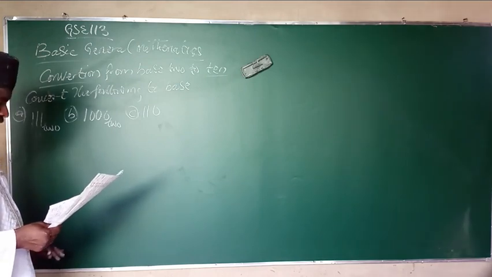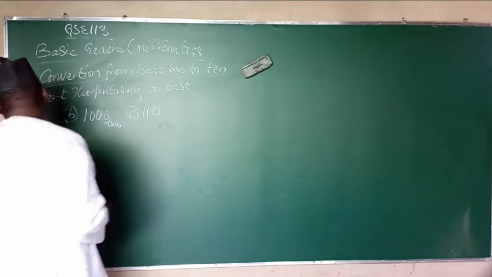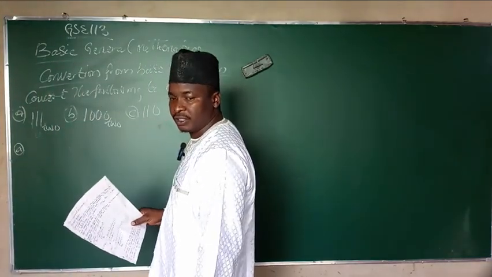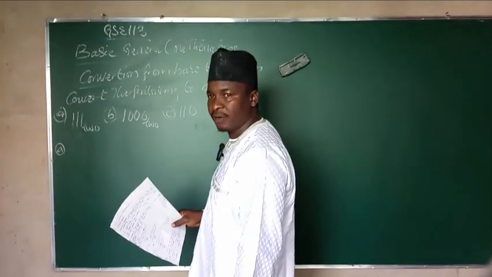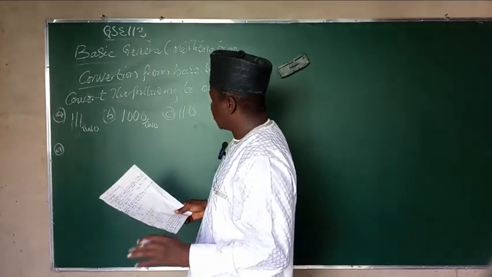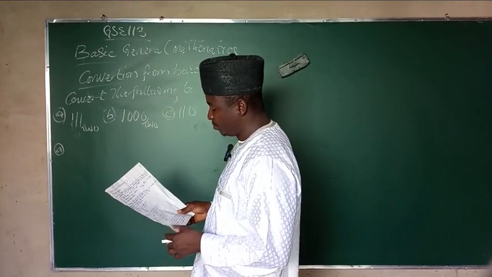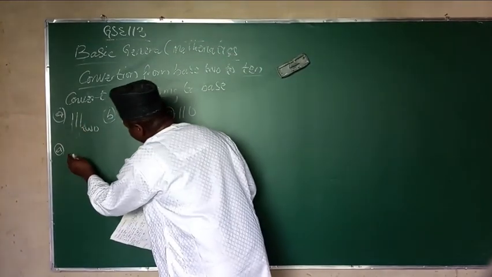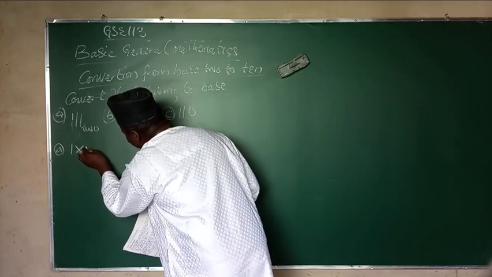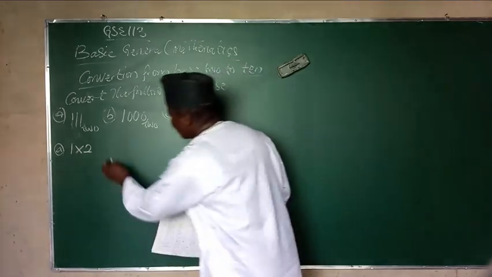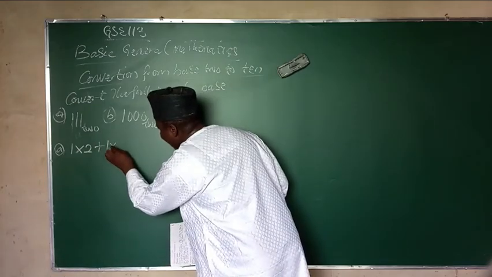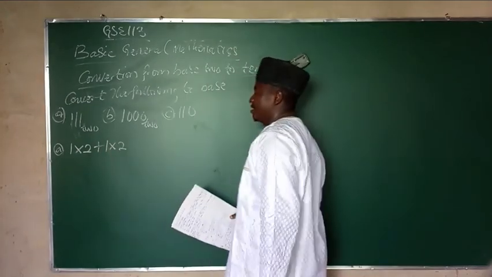So now the solution of A, remember I told you it is done by what is called successive multiplication. So what we shall simply do is we first take the first term and we multiply by the what? By the given base, which is 2. Then we say plus 1 times 2 again, the given base.